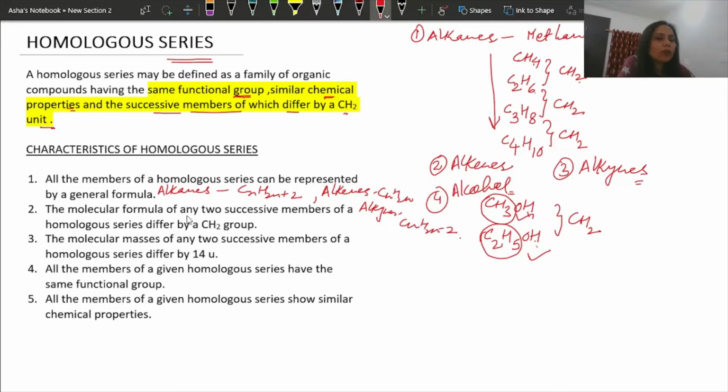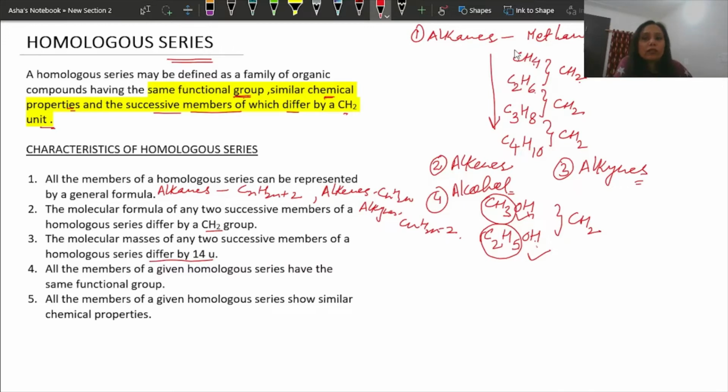The molecular formula of any two successive members of a homologous series differs by a CH2 group. I have shown you here. The molecular masses of any two successive members of a homologous series differ by 14 u. Now see here.